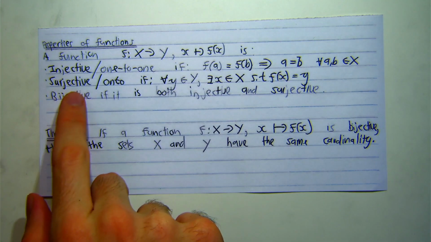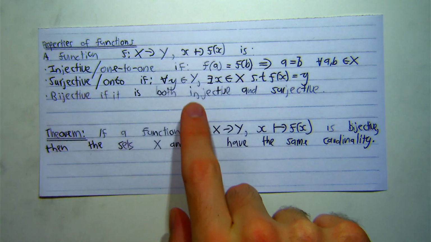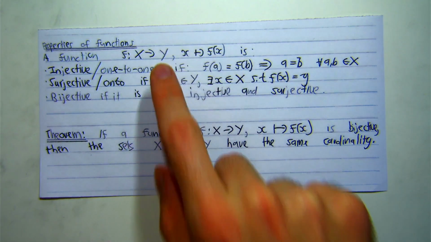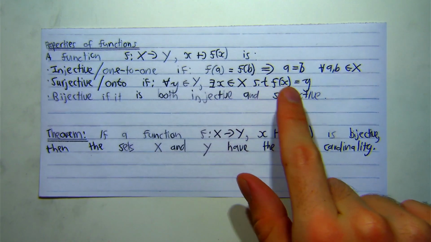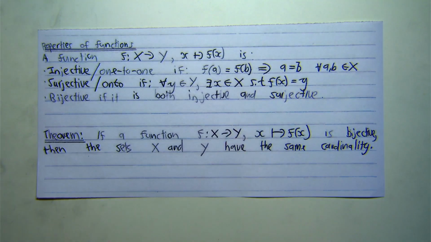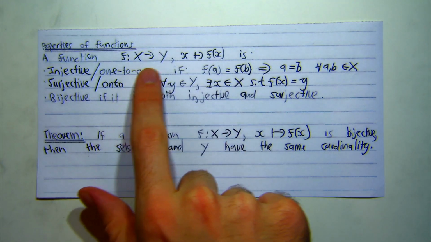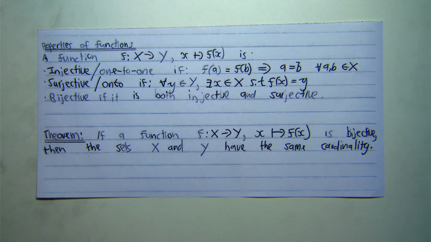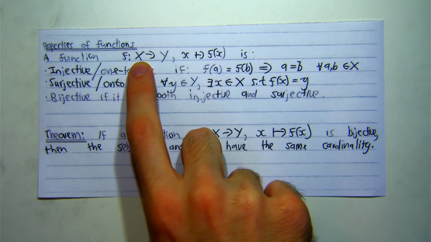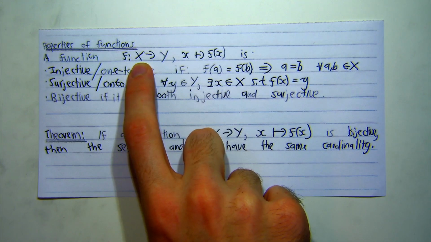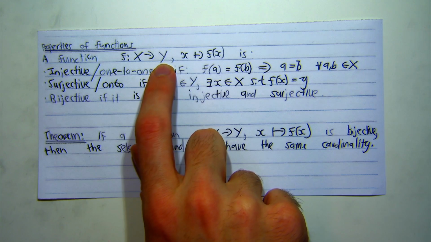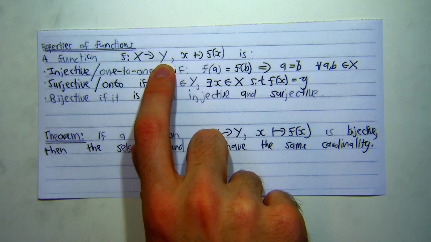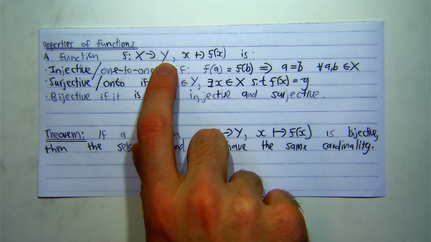Okay, surjective. This is slightly different. It says that for all elements in the codomain Y, there exists x in the domain such that f of x is equal to y. So to really appreciate this definition, you have to recognize the difference between these two sets. In your domain X, every element in the set gets put into the function, and in your codomain Y, the outputs are always existing in this codomain, but not necessarily are all of the elements in this codomain being hit.